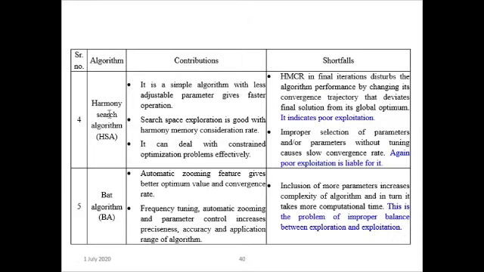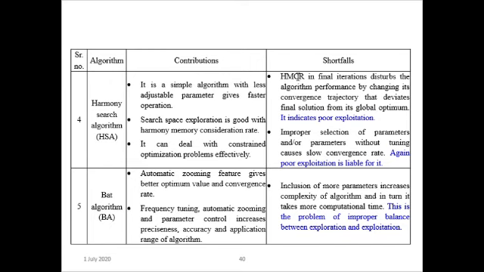Harmony search algorithm is a simple algorithm with fewer adjustable parameters, HMCR and PAR. The search space exploration is good with this HMCR. Further, it can deal with constrained optimization problems effectively.